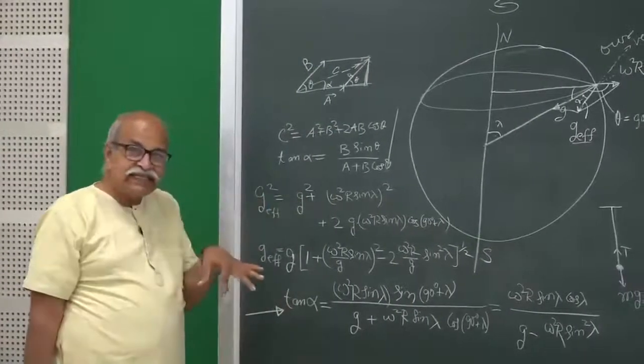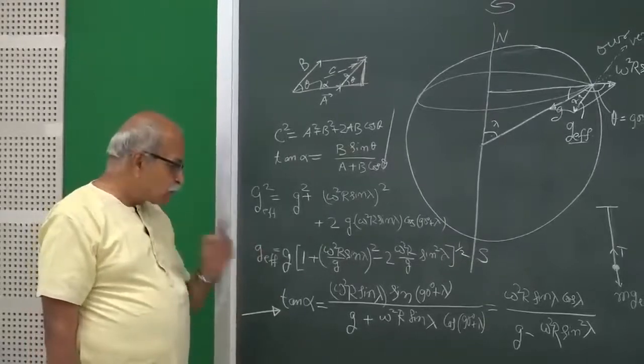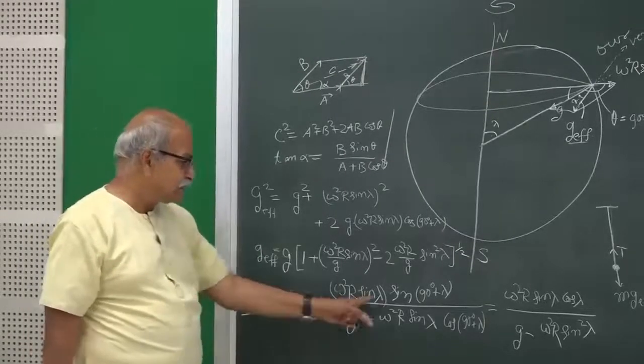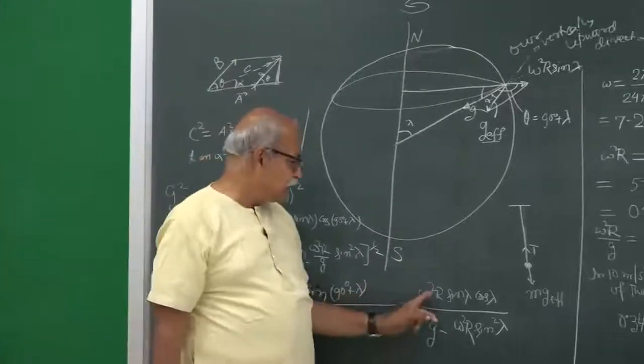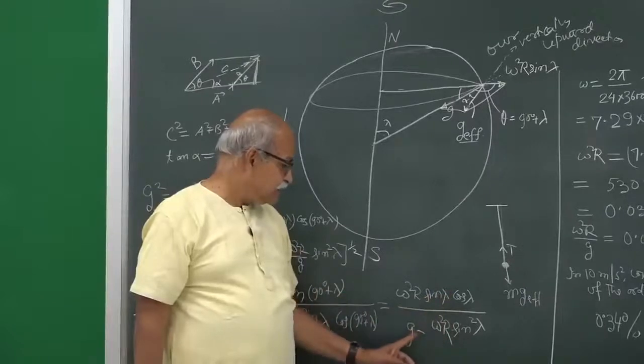How much is our vertical deviated from the true vertical? So, this is here omega square r, and then sin lambda cos lambda, g minus this.